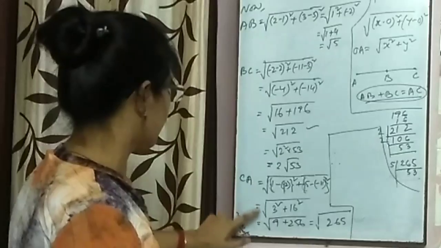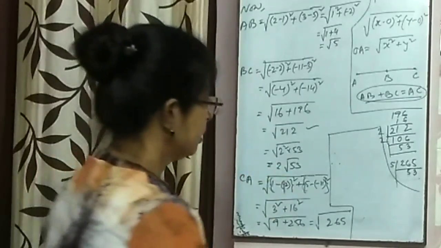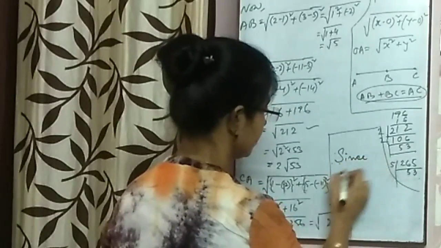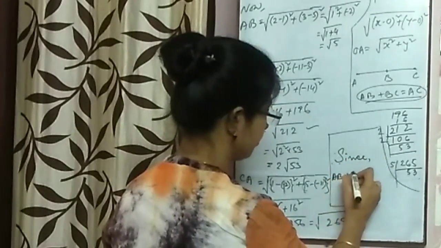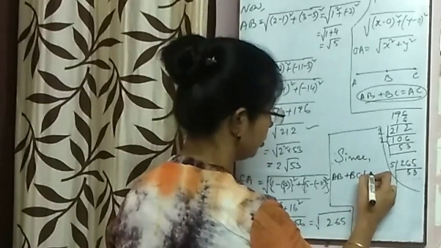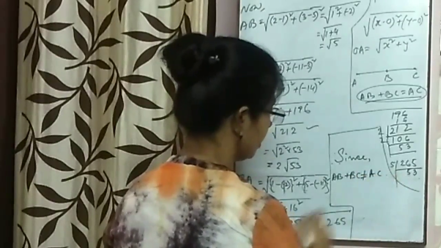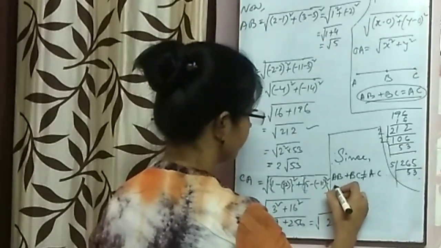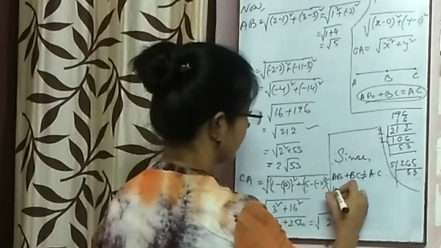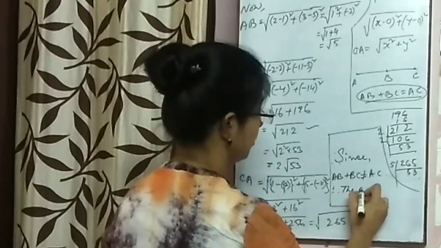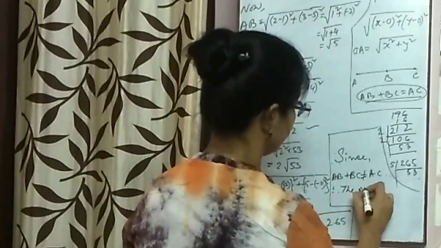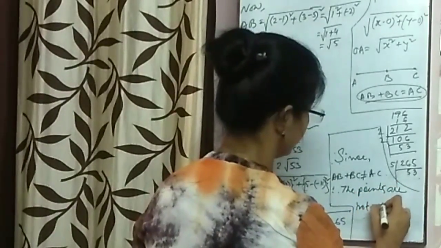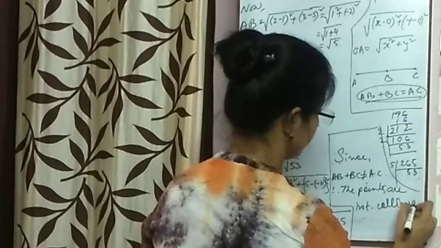If you add up this and this, you also won't get this. Therefore, since AB plus BC is not equal to AC, or the other two relations also, the points are not collinear.